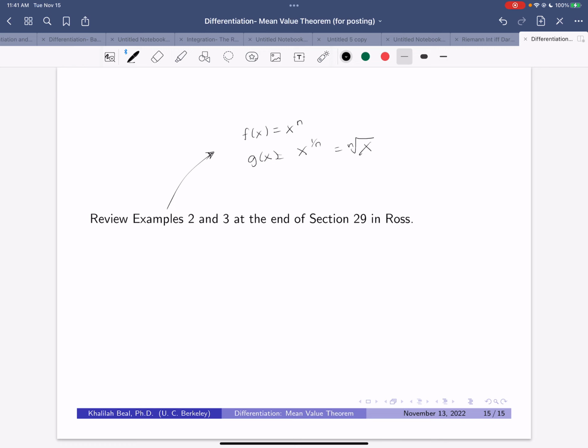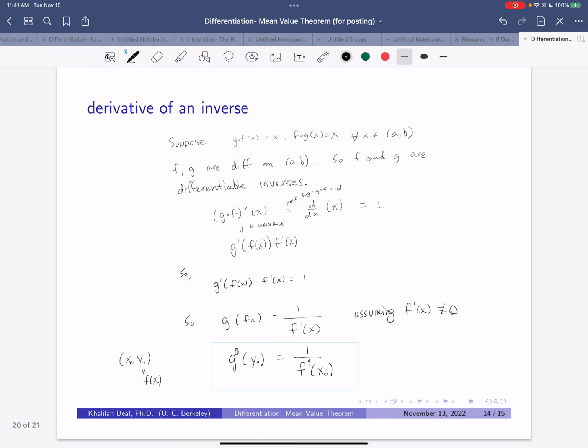We can find formulas for the derivative of g, and that comes in handy. And then example 3 is talking about inverse trig functions. So f of x is sine x, your domain is minus pi over 2 to pi over 2, and g of x is sine inverse, or arc sine, of x. So how do you compute the derivative easily? Using the formula for derivatives of inverses.